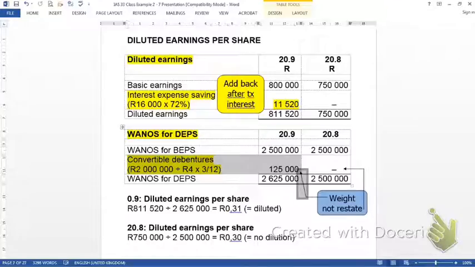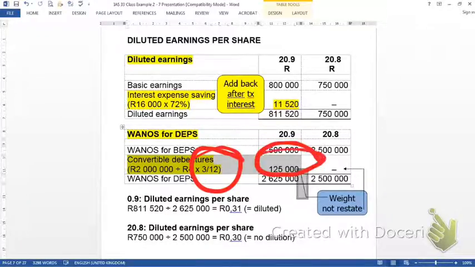That's why we divide by 4, so that will give us 500,000 shares that will be in issue, but they were issued 3 months before year end, so we can only weight average it at 3/12. That ends up giving us 125,000 as our weighted average number of shares that will cause dilution in the future.